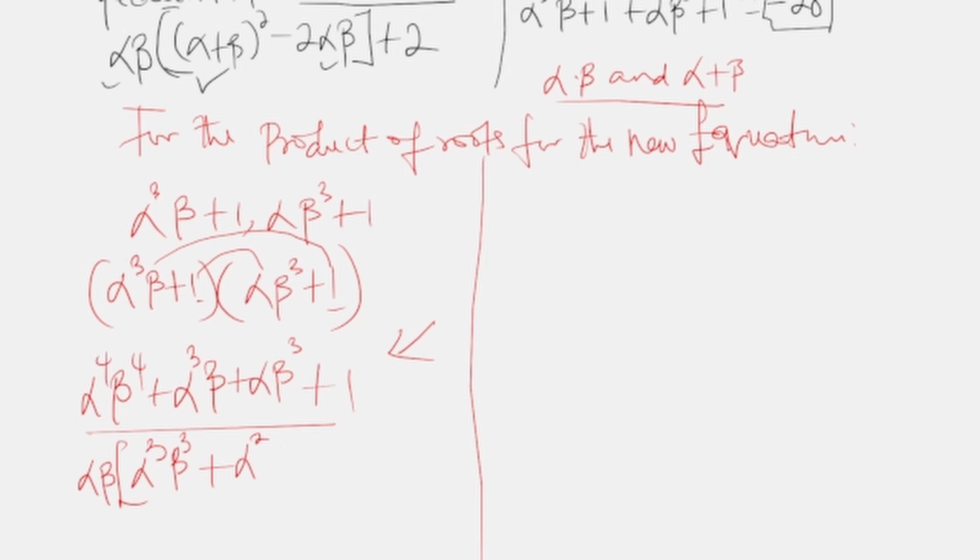You put your plus. And from right here, if you remove one alpha from the only alpha here, how many remains? None. If you remove one beta from the 3, how many remains? You have a 2, beta squared. Okay. And then outside, what do you have? Plus 1.